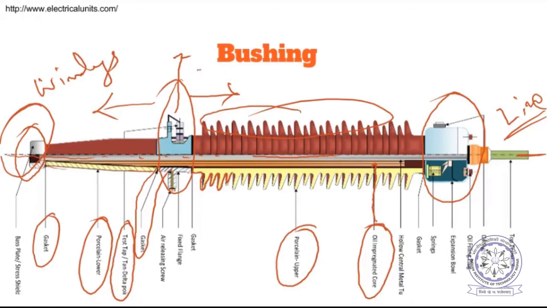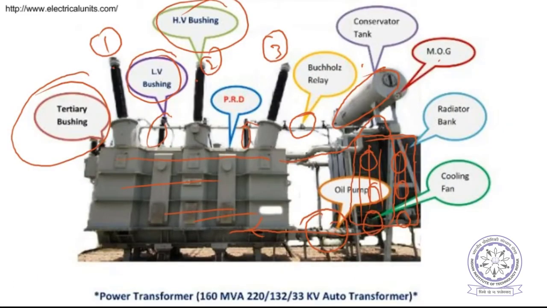the length means this length outside the tank. This depends obviously upon the voltage level of the transmission system. If the voltage level is more, then the bushing height will be more. Let's go back and see here. You can see these HV bushings are 220 kV.